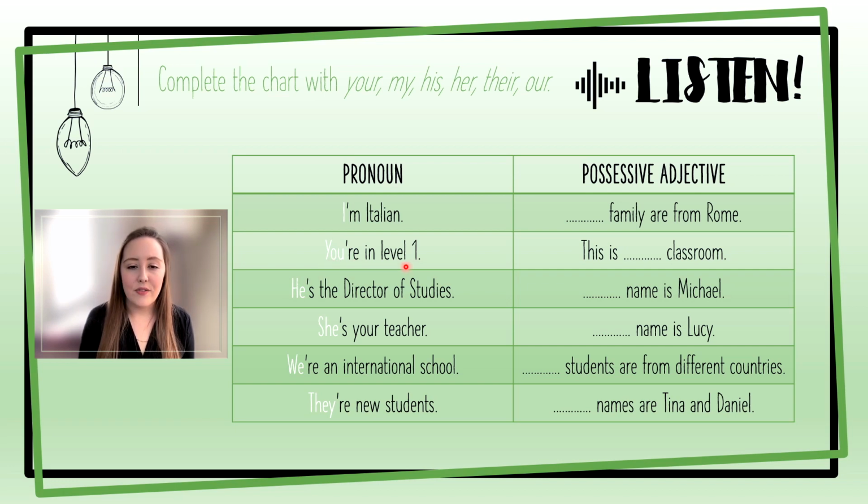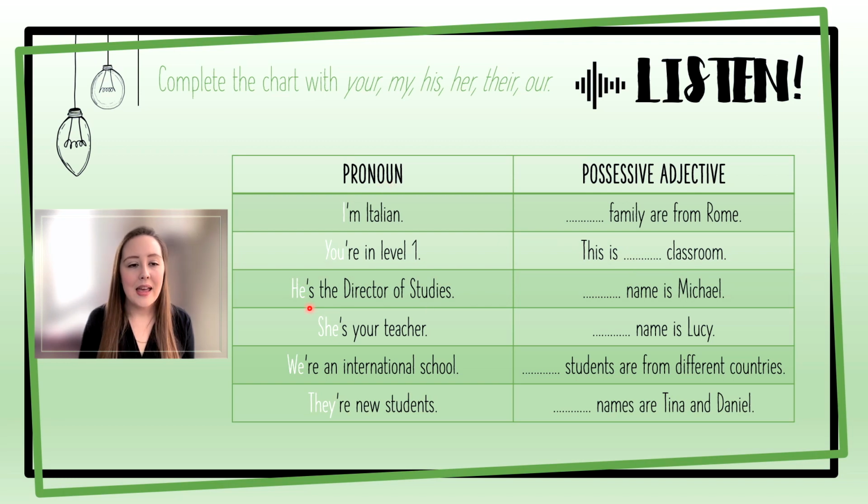You're in level 1. Possessive adjective. This is your classroom. Did you write it down? Well done.